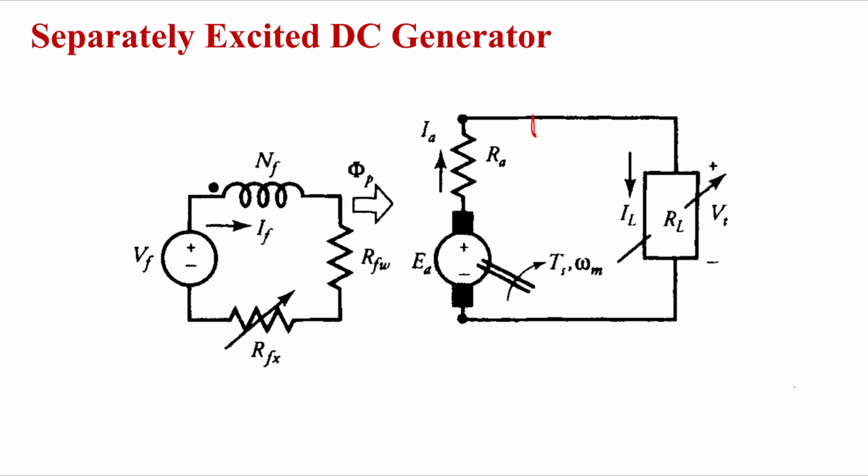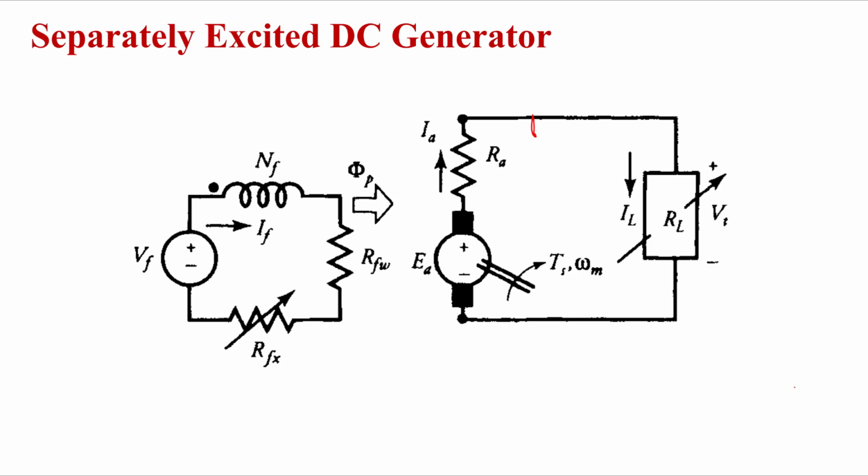We are not going to discuss the dynamics of the generator here, because it is an advanced level course. If we consider dynamics, there are many phenomena we need to consider, like the inertia of the machine, the inductances, everything. So we are only going to consider steady state analysis.